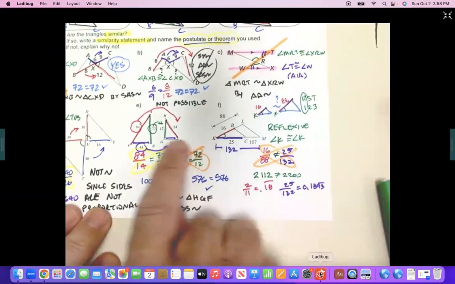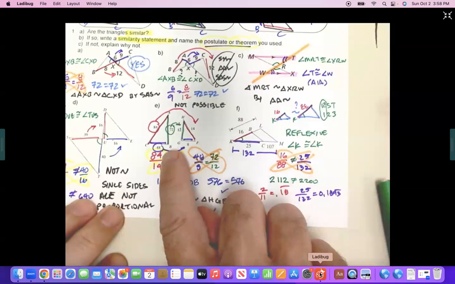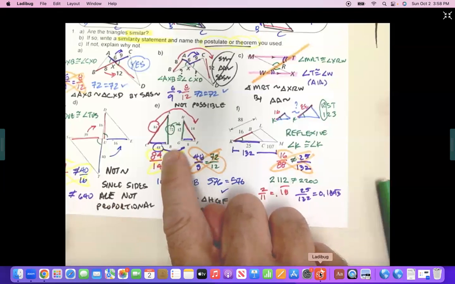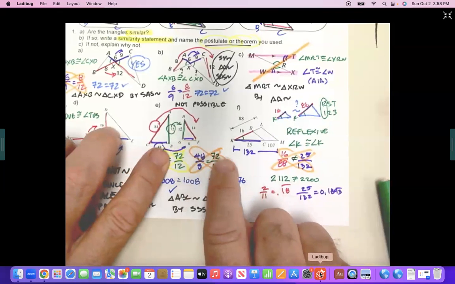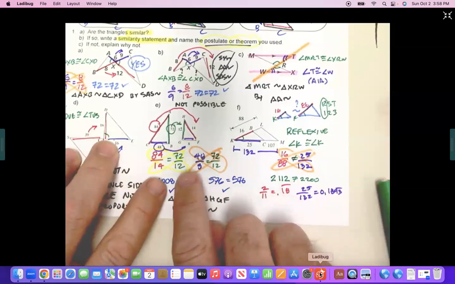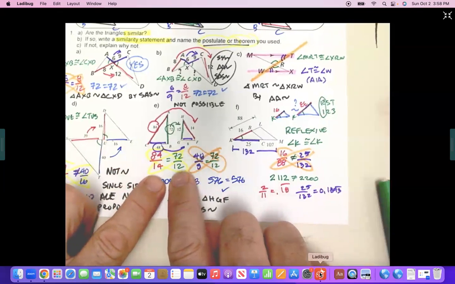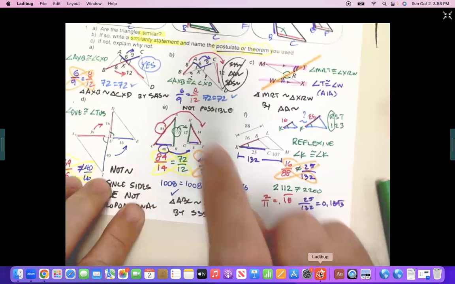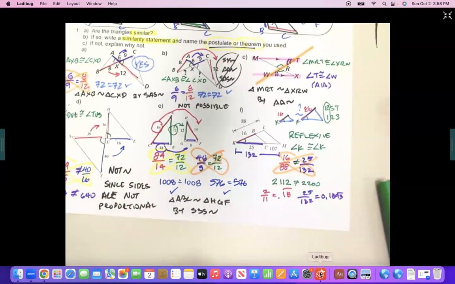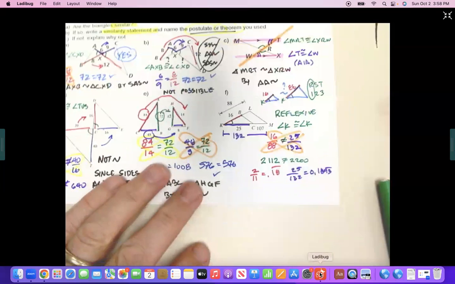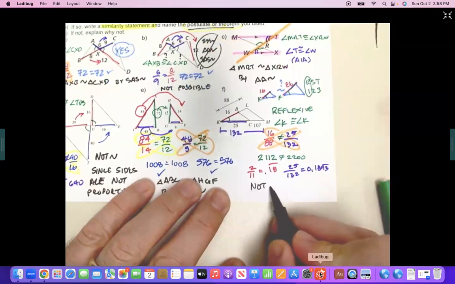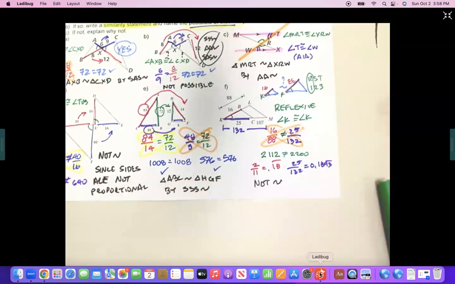So in each one of these over here, if you want to, you can just enter this fraction into your Desmos and this one into your Desmos, and then just compare those two numbers to see if they are equal. Unless it specifically asks you to do your cross products, you can do either one of those methods. Okay? And again, these are not similar because the sides were not proportional.